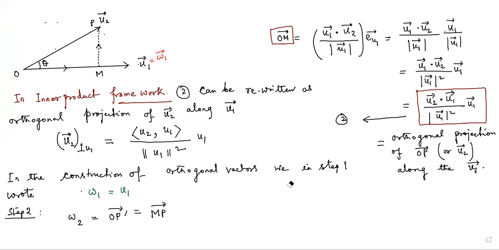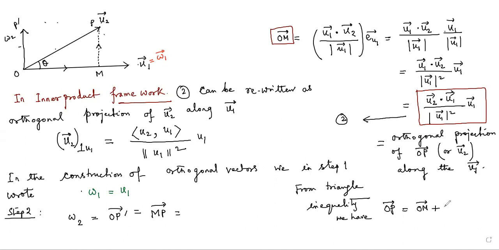Otherwise, you may think that how can this be, because their lengths are different. Just a minute. This is OP prime and this is my W2. So this is same as MP prime, MP vector, and from triangle inequality, we know that OP prime is same as OM prime plus MP prime.